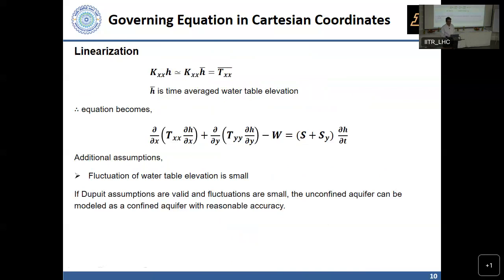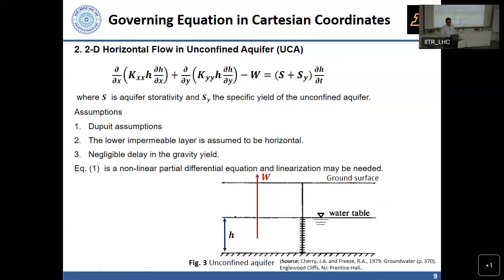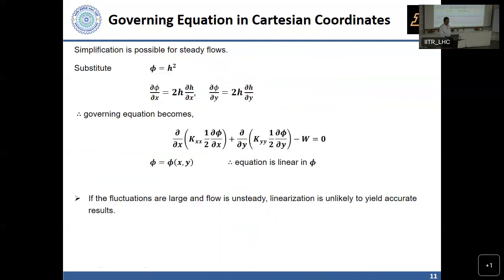For steady flows, if we go back to this equation, steady flows means the right-hand side is 0. Then we notice that we have terms like H dH/dx or H dH/dy, which actually become 1/2 of d of H squared dx or d of H squared dy, and therefore it becomes linear in H squared for steady state problems.